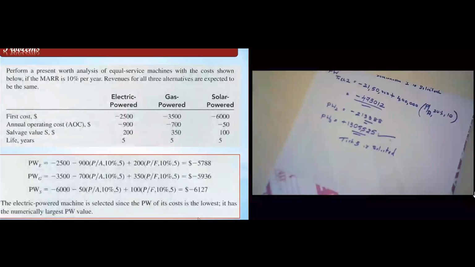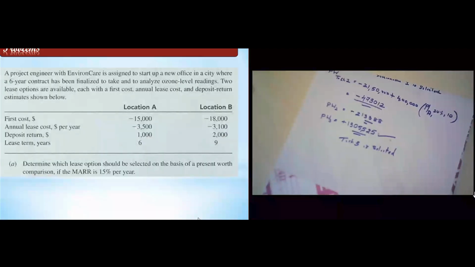So this is about revenue dominated and cost dominated. Please read this question and tell me how we can solve this, or what is the difference between this numerical and the other numerical.